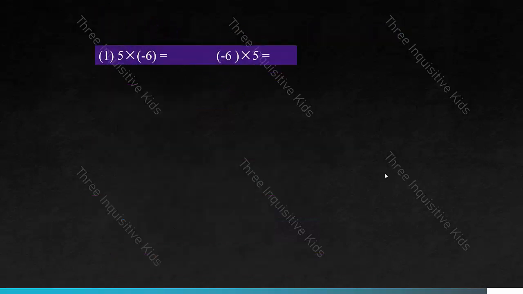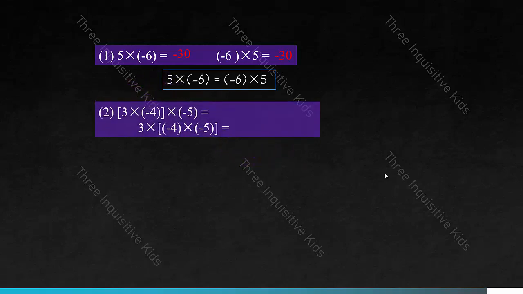Here we have 1 times negative 6 and negative 6 times 5. You can see that we're starting to use negative numbers. This gives us negative 30, and negative 6 times 5 also gives us negative 30, which means that these two equations are equal. Here we have the product of 3 and negative 4 times negative 5, which equals 60.